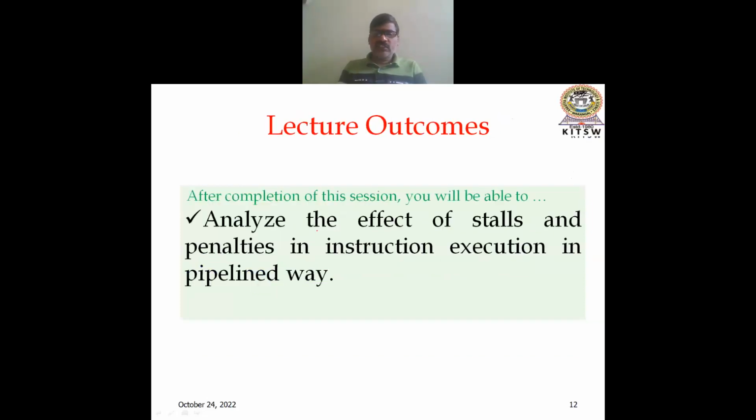The lecture outcome is that after completion of this self-learning session, you will be able to analyze the effect of stalls and penalties in instruction execution in a pipelined manner.